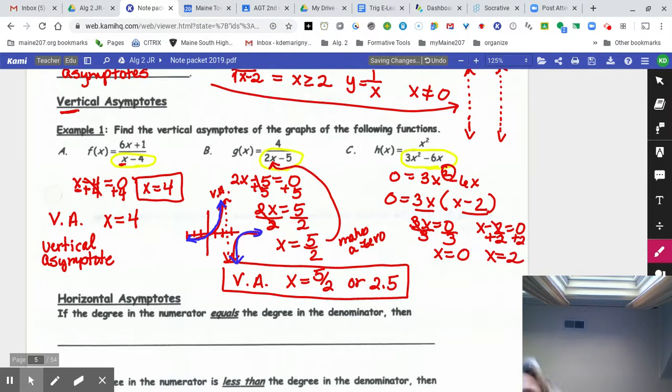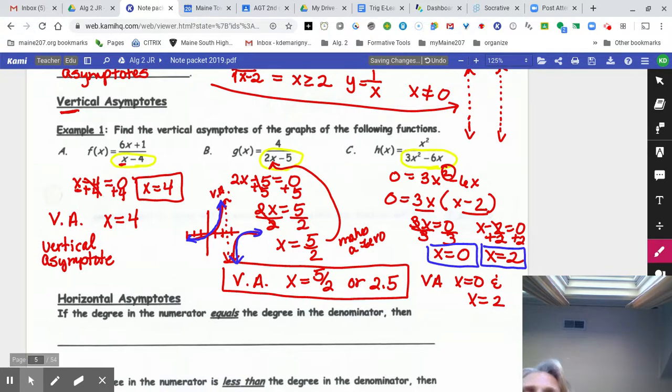So I actually have 2 restricted values here, x equals 0 and x equals 2. So when I tell you what my vertical asymptotes are, my VA, there are 2 of them, x equals 0 and x equals positive 2. Those are the 2 restricted values.